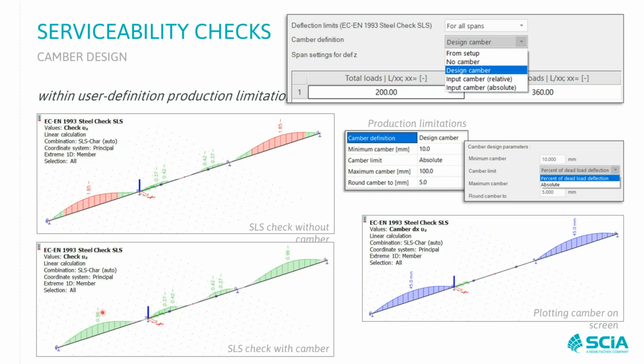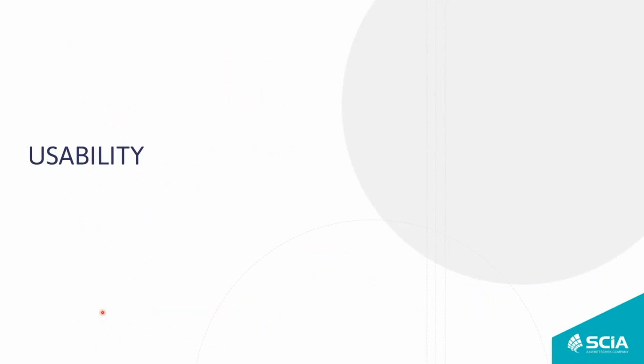And I can also decide that I'm prescribing the limit of the camber in absolute value or as a percent of the dead load for the deflection. That's currently all from my side, what was related to the aluminium or to the steel.